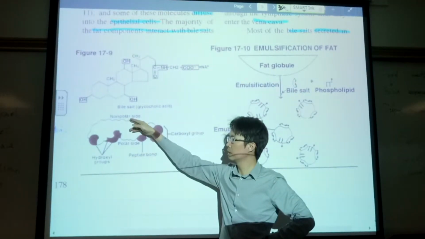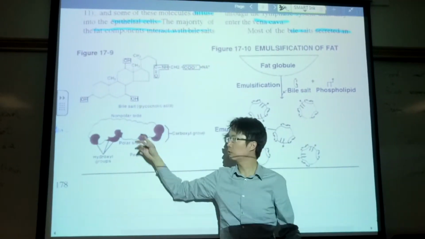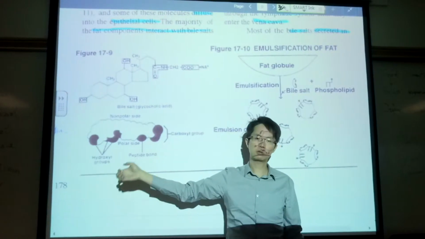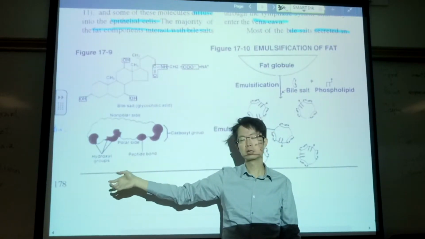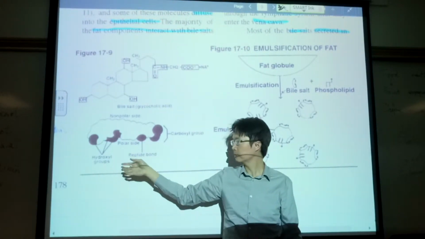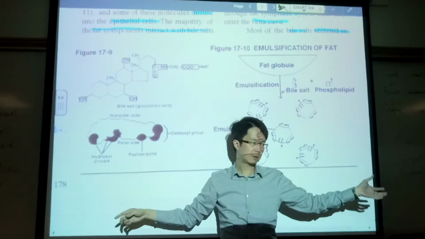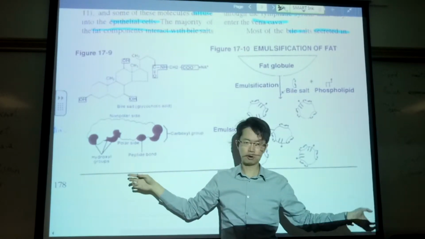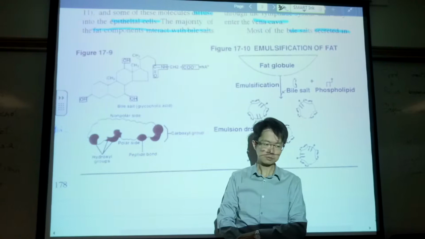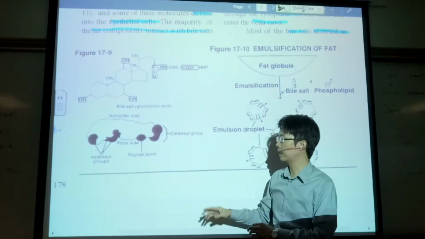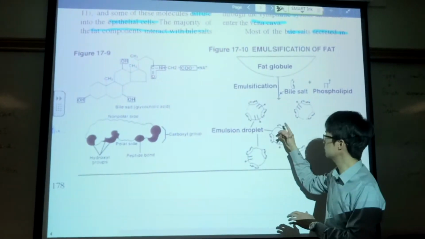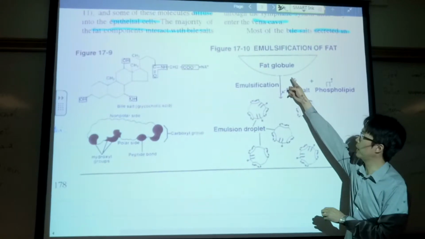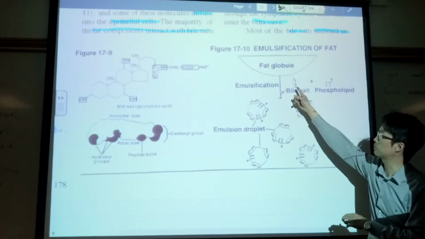So the non-polar side is holding hands with the oil and fat, and on the other hand, it is holding hands with water. So you have a fat globule.